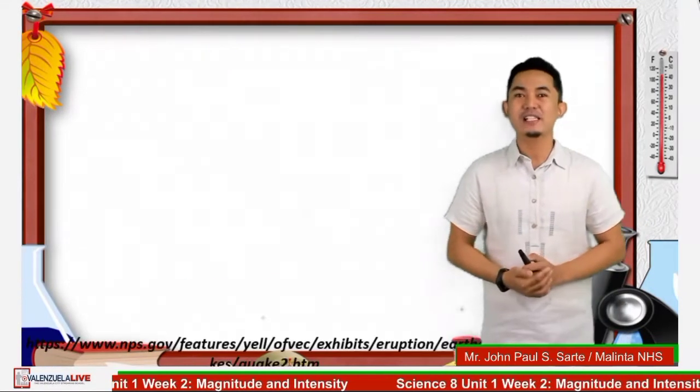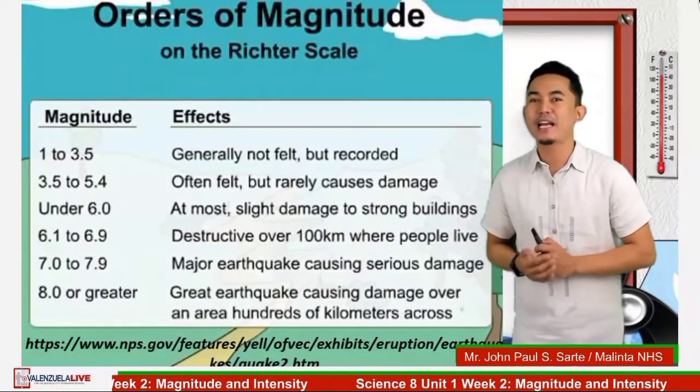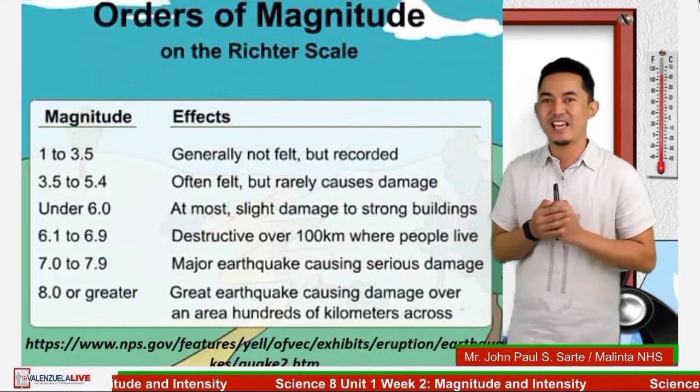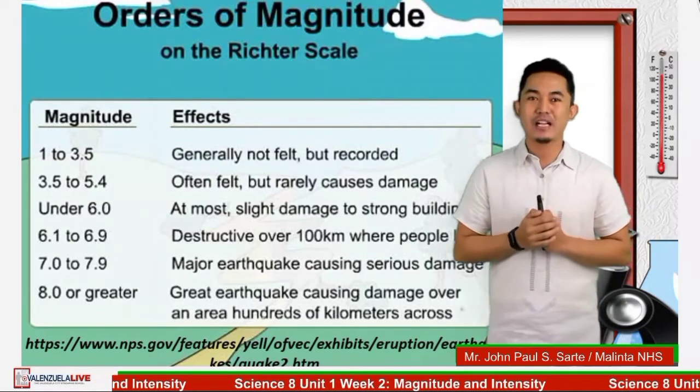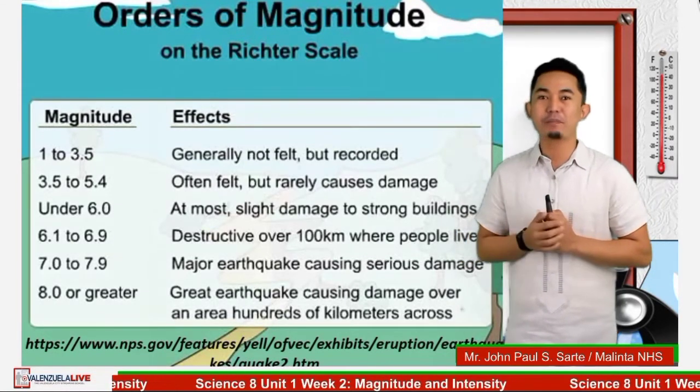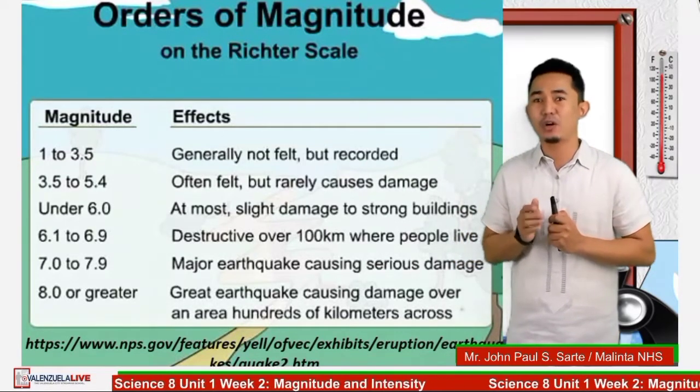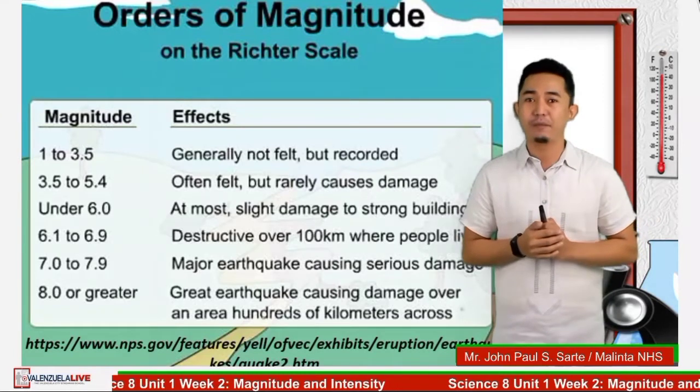Now, as you can see on the image, I have here the orders of magnitude on the Richter scale. First, magnitude 1 to 3.5 has the effect of generally not felt, but recorded.